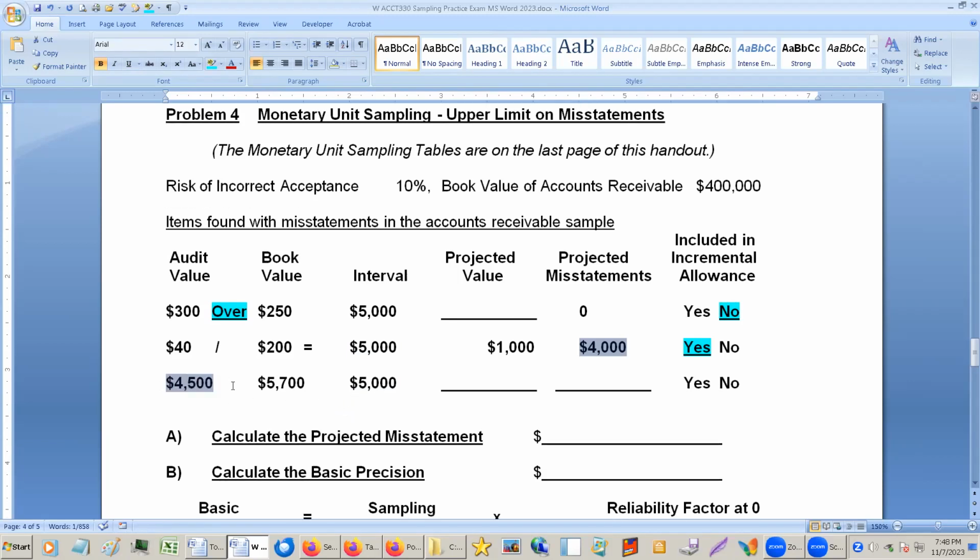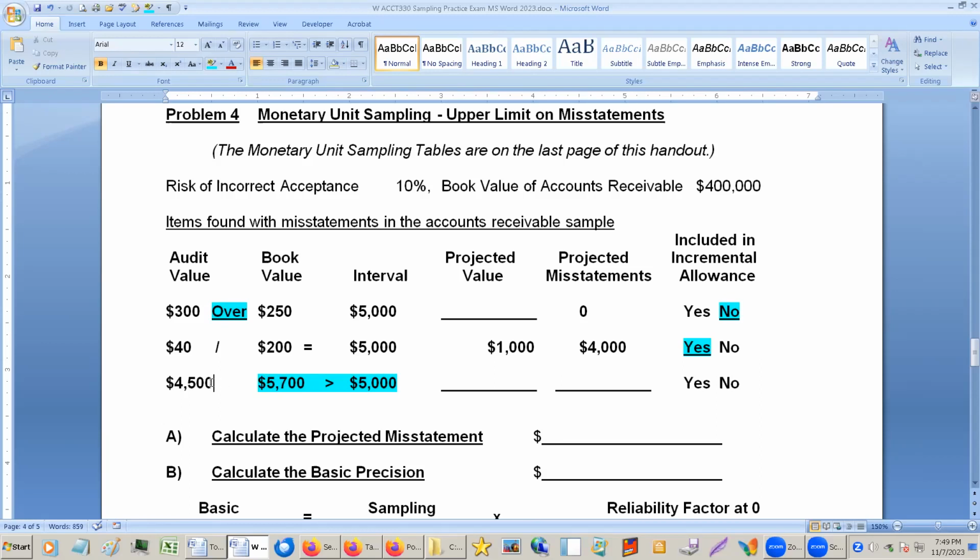Okay, there's something wacky on this one. What is it? The book value exceeds the interval? Yep. So this is wacky because, first of all, there's a 100% chance this is going to get picked.